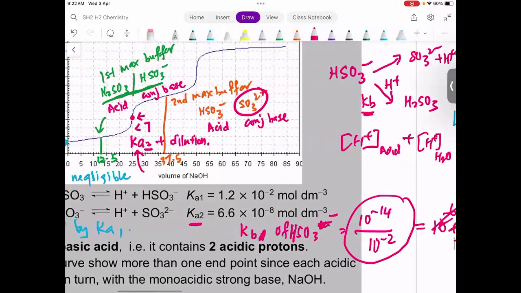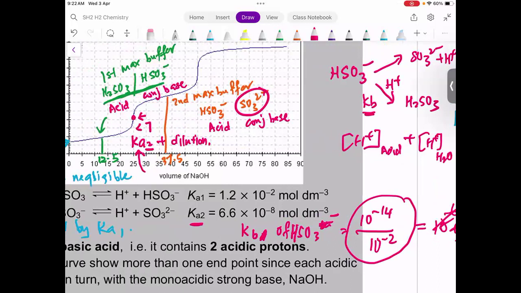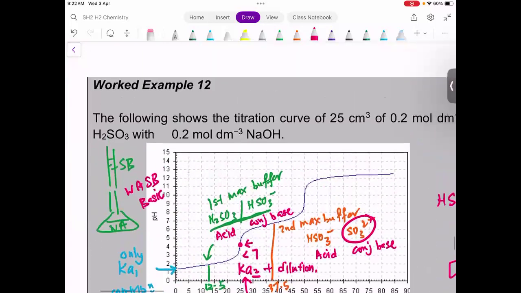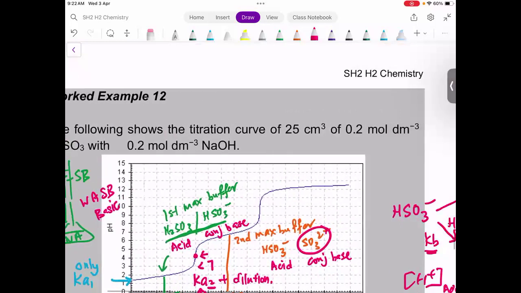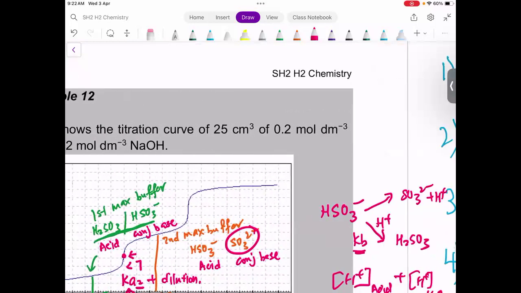Can it still dissociate? 10 minus 8, partial dissociation. What about the concentration? Higher. Concentration of this sulfurous acid? 0.2.